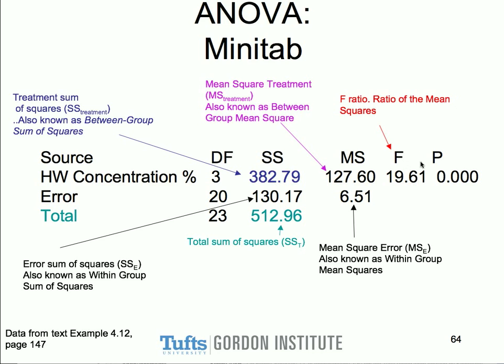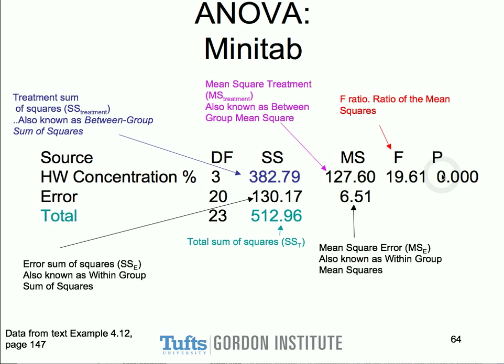So instead of looking up the F in the back of the book for an alpha of 0.05 and for these 2 degrees of freedom, we're going to let Minitab calculate the p-value.